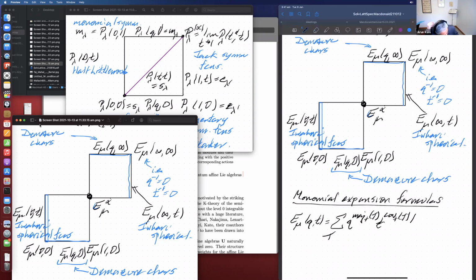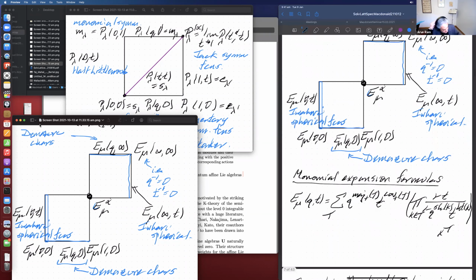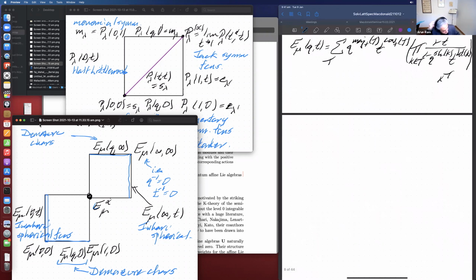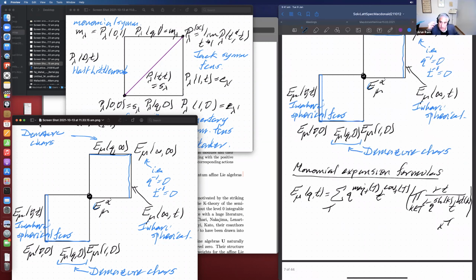It's the product over K in your tableau of 1 minus T over 1 minus Q to the shift of K, T to the height of K, times X to the T. All right, so that gives me a formula for expanding my E mu in terms of monomials.